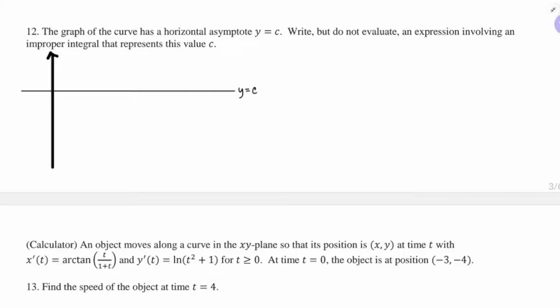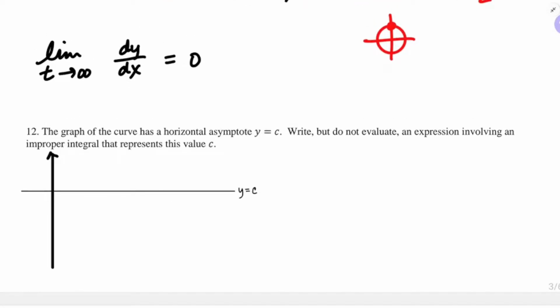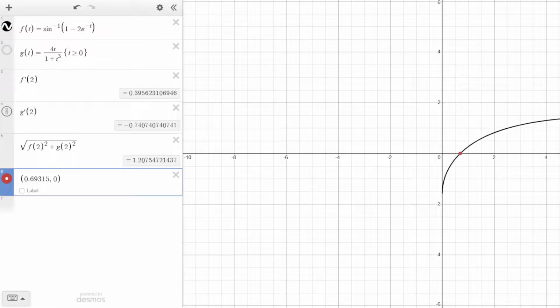And the graph of the curve, we saw that the limit of dy dx was 0, so that makes sense that it's got a horizontal asymptote. Okay, and that would be really giving away the answer in number 12 that I just read ahead. But let's see what's happening with dy dt. I'm going to go back to Desmos and do a little investigation. As t approaches infinity, what's happening?